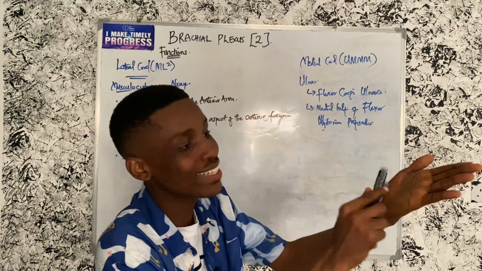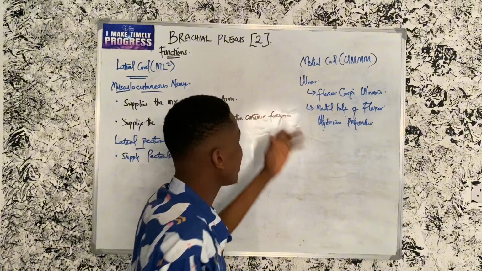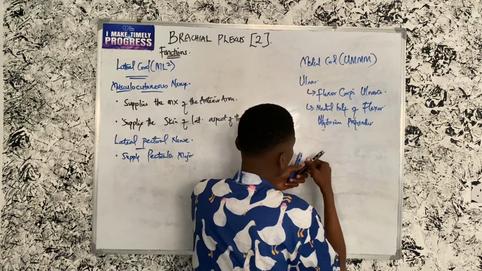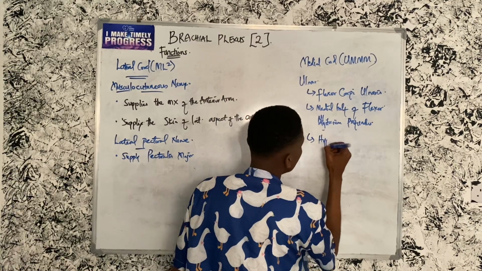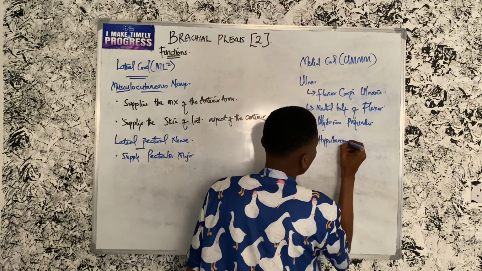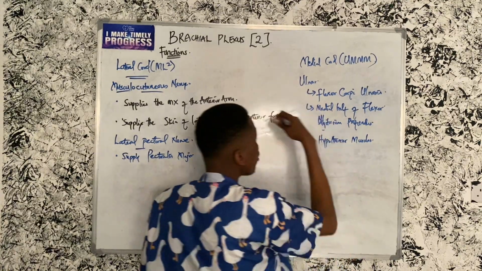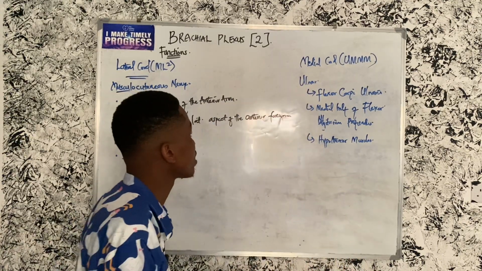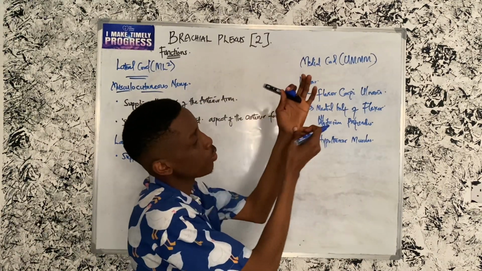When we get to the hand, it is the main supply to the hand. So within the hand, who does the ulnar nerve supply? It will supply the hypothenar muscles. In the course of our lecture, I'm going to teach you about each of these muscles because it will help this make more sense to you. So ulnar nerve supplies the hypothenar muscles, which are these muscles here.